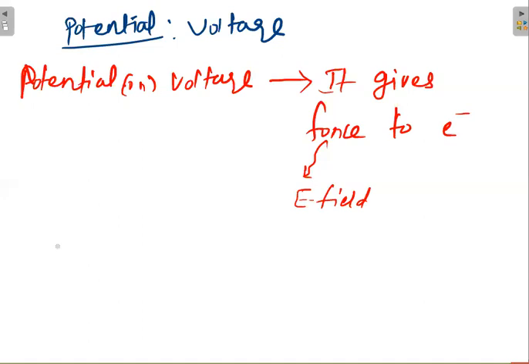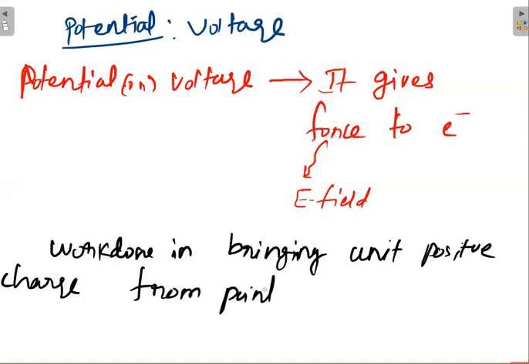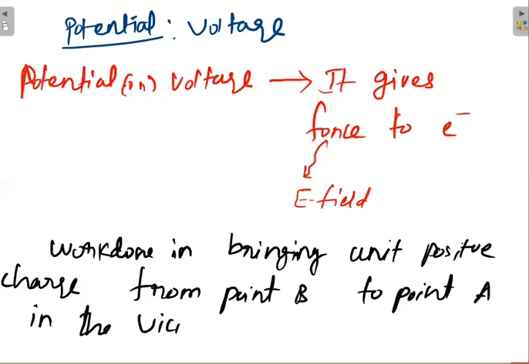So first note down this one: work done in bringing unit positive charge from point B to point A in the vicinity of the electric field.